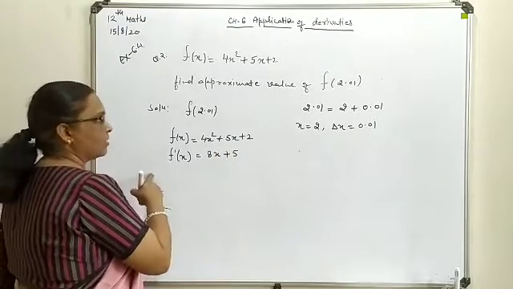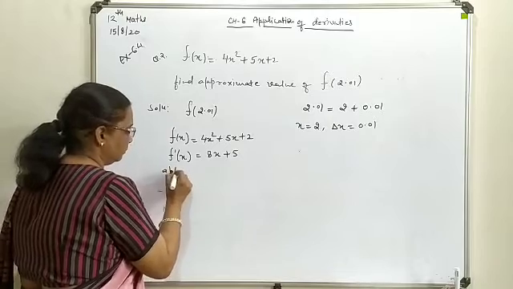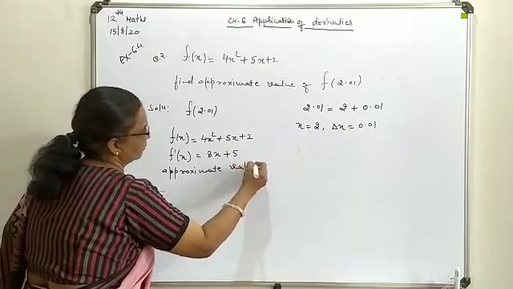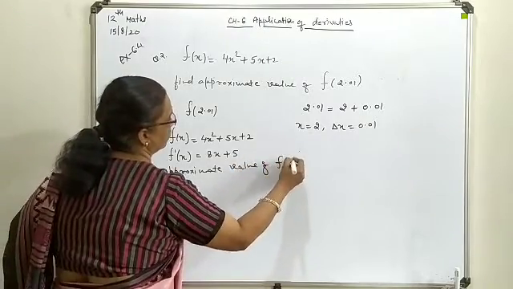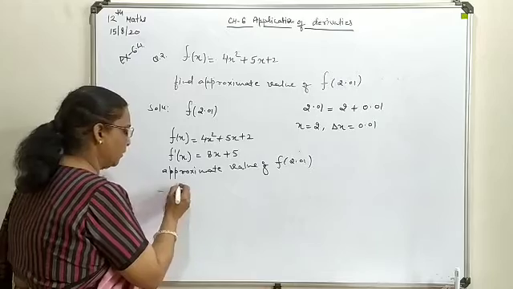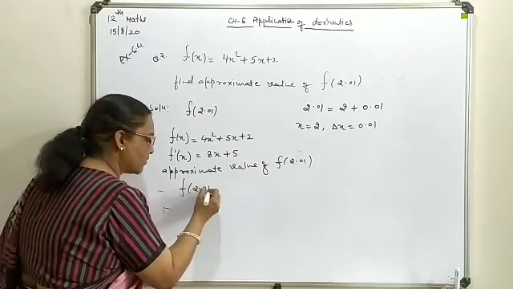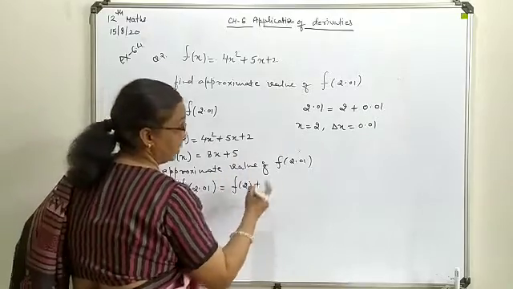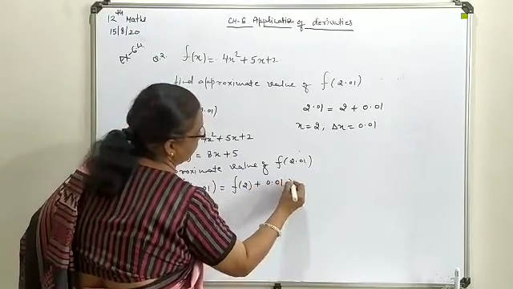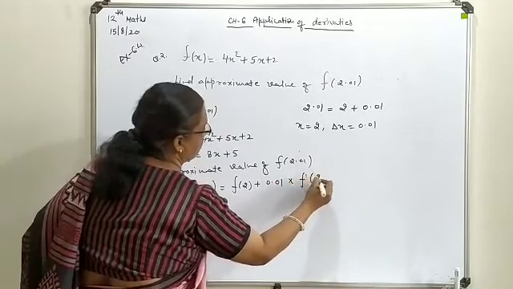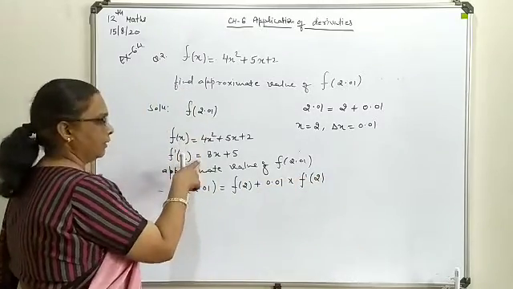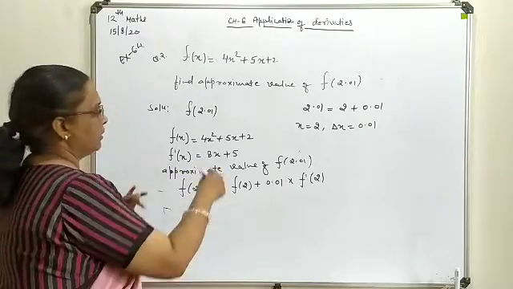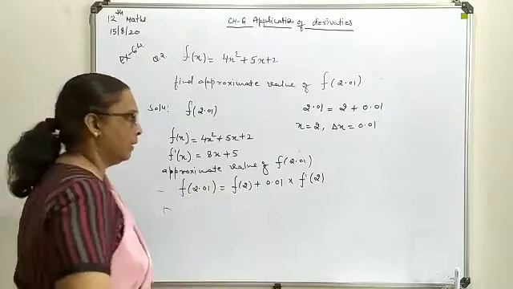Now the approximate value of f(2.01) will be f(2) plus delta x, that is 0.01, into f dash 2. Both terms are in separate form, so it is better to evaluate their values separately and substitute here.